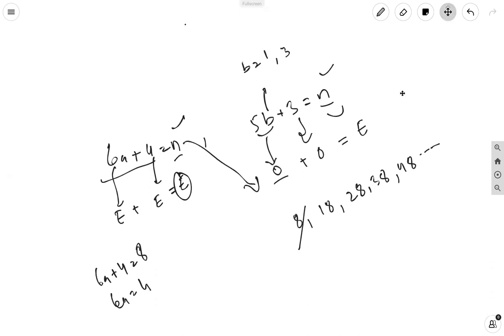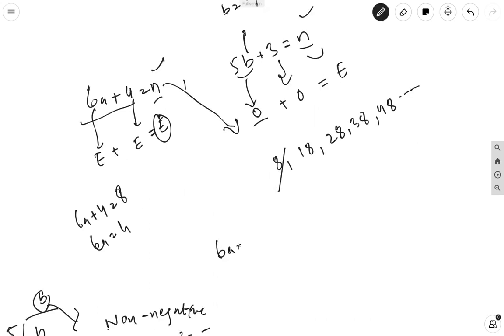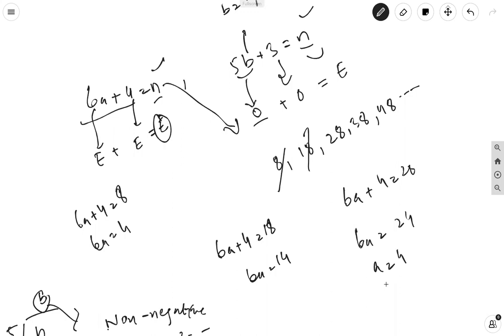If you take 18, 6a plus 4 is equal to 18, 6a becomes 14. Again not possible, because a is an integer. If you take 28, 6a plus 4 is equal to 28, 6a is equal to 24, and yes, a is equal to 4, which is an integer. So our least common value is 28.